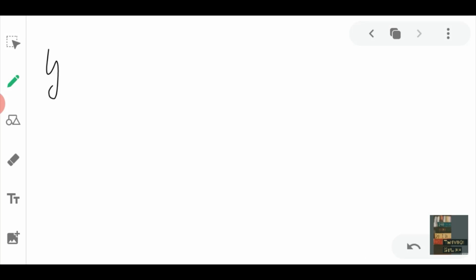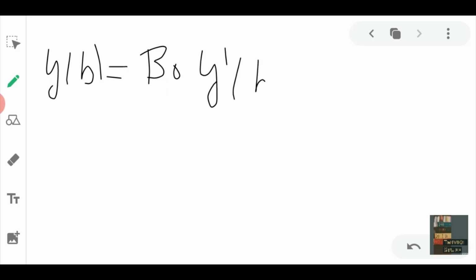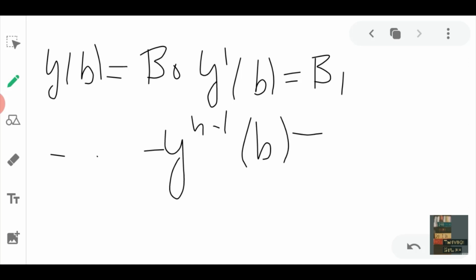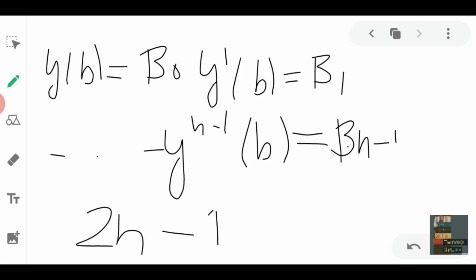At the point b we have y of b equal to b naught, y prime of b equal to b1, and so on, y^(n-1) of b equal to b sub n minus 1. So those are our boundary conditions. We have 2n boundary conditions. So find the functions for which the above functional, which depends on the first, second and so on up to the nth derivative, has an extremum. So this is our problem of interest.